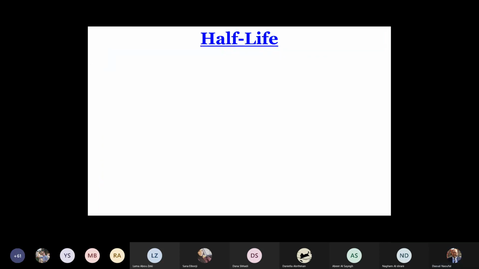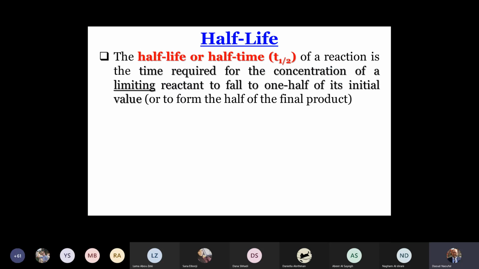Half-life. So until now we have four methods to find the partial orders or the global order of the reaction. We pass to the indirect method 5, which is the half-life. First, I have to define what the half-life or half-time is.